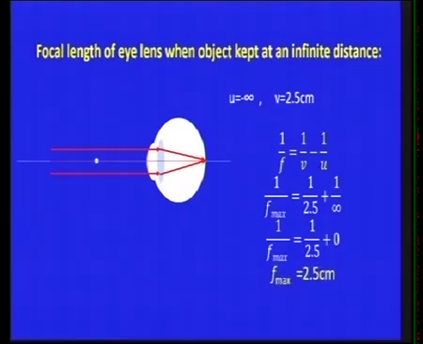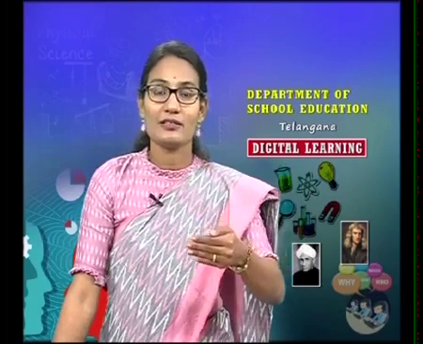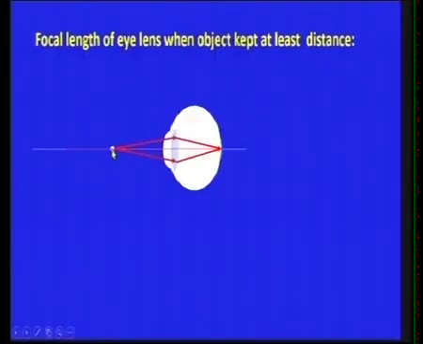Now let us calculate the minimum focal length. Whenever the object is at the least distance, the focal length of the eye lens is minimum. So let us calculate. The object is at the least distance. Here the light rays are coming from this point, incident on the eye lens, meet on the retina and form the image on it.